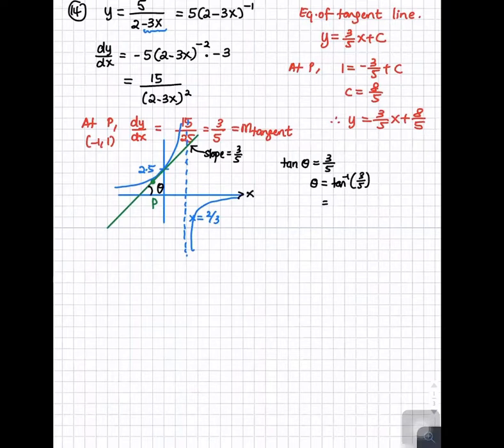Jensen, please be the answer giver. 31. So all angle answers must be one decimal place. So whatever he said is correct. 31.0 degrees. Yes. Did the question say otherwise? No, they just say find the angle.